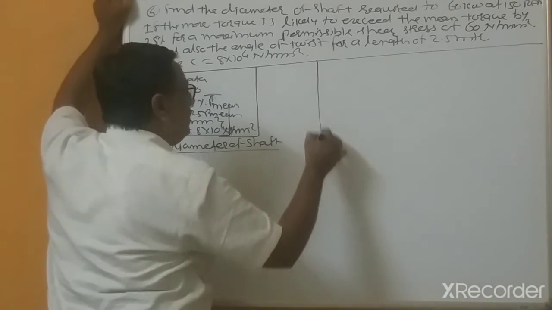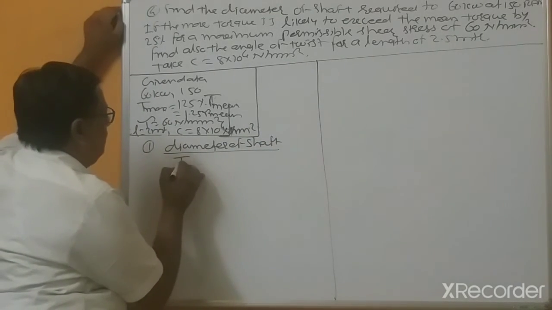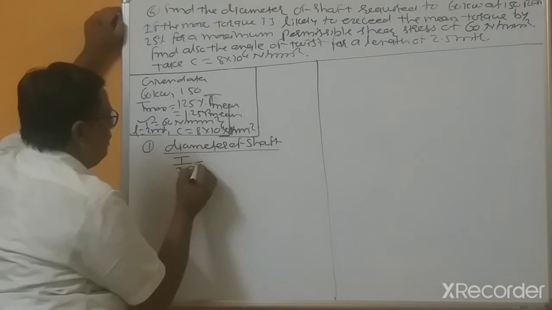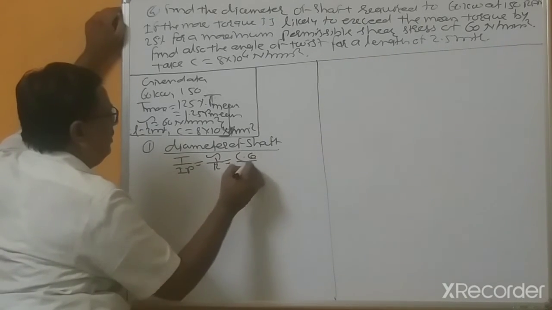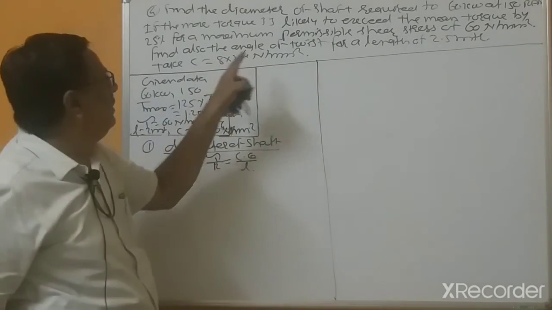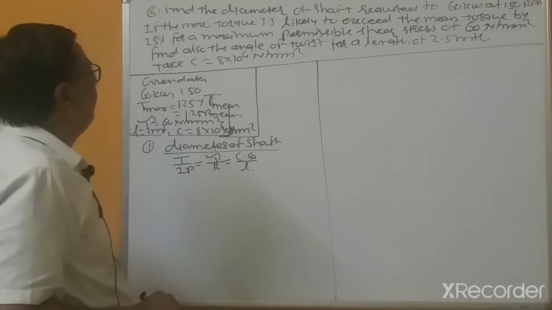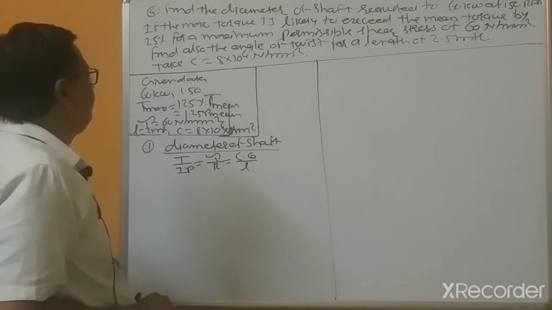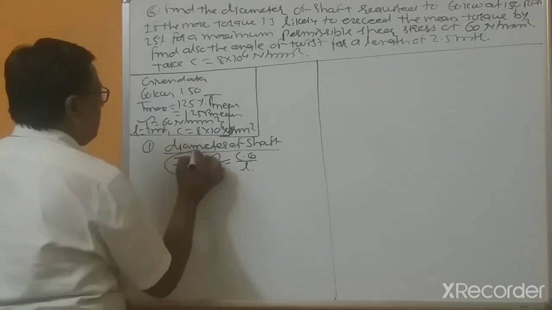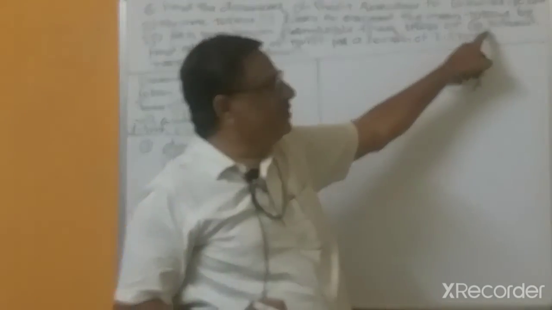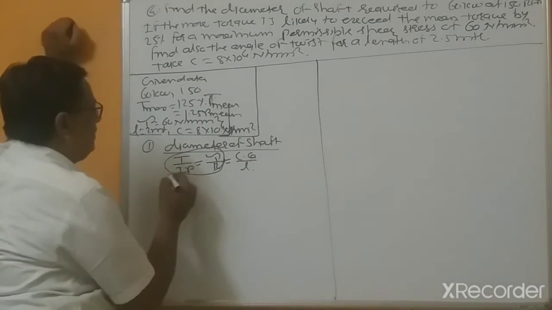So this is based on the strength. So use T divided by polar moment of inertia, tau divided by R equal to C theta divided by L. Mean torque by 25%. So we have to consider these relations based on the shear stress, and this one is the stiffness.